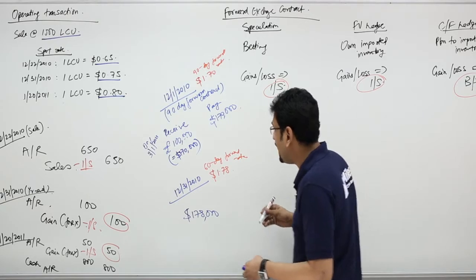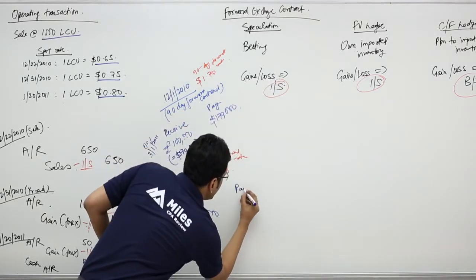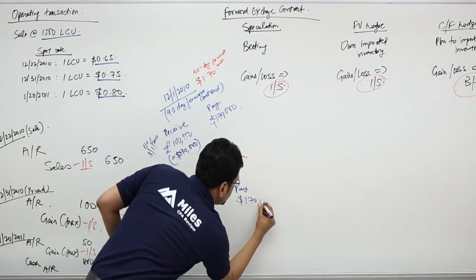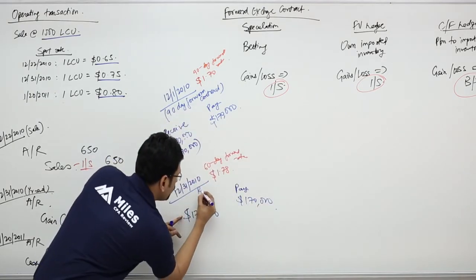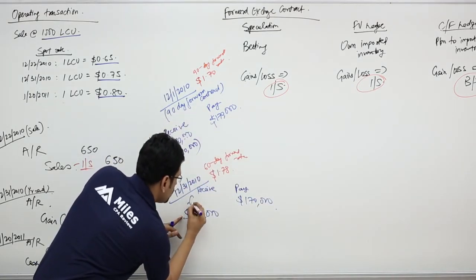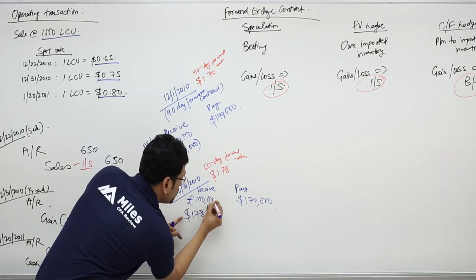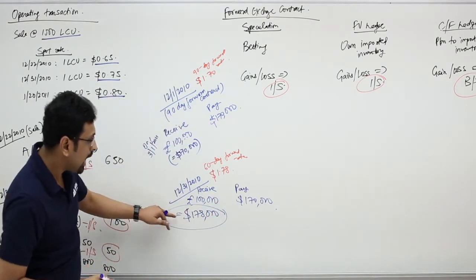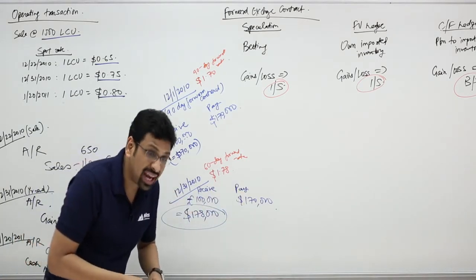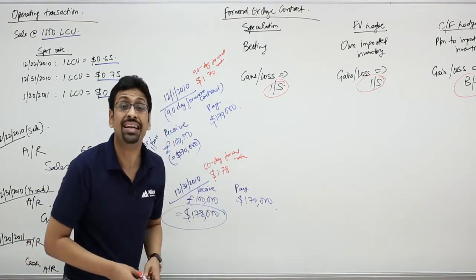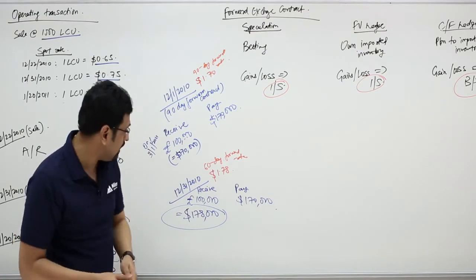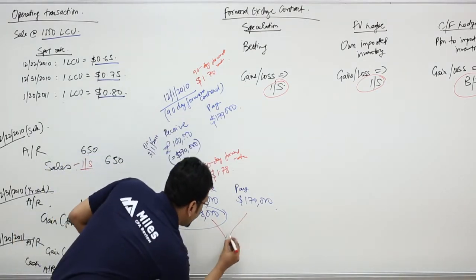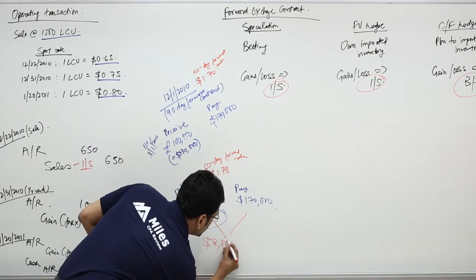But they would pay $170,000 for that. So they're going to receive 100,000 British pounds now worth 178 and pay 170 for that. That means they're going to have an $8,000 gain on this derivative.